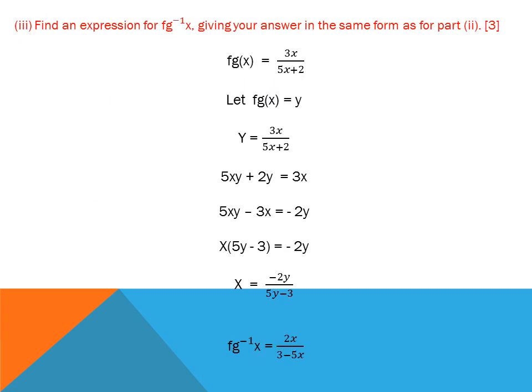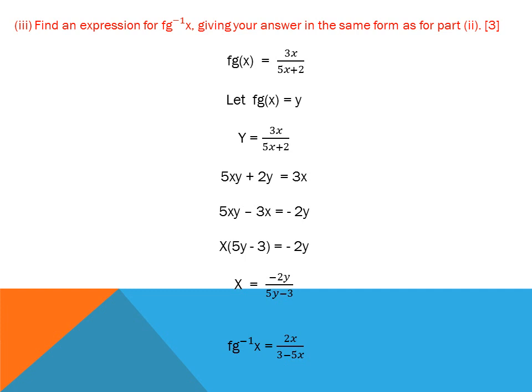In the next part, find the expression for (fg) inverse, f of g inverse x, giving your answer as a fraction with numerator and denominator. F of gx, I have already found, is equal to 3x over 5x plus 2. It is related to the O level part; we also find inverses in O level.